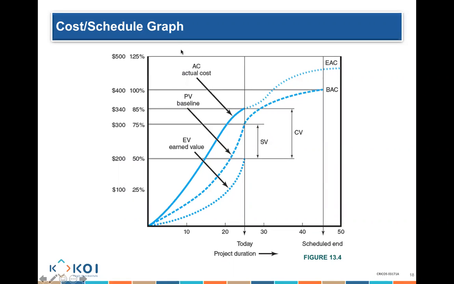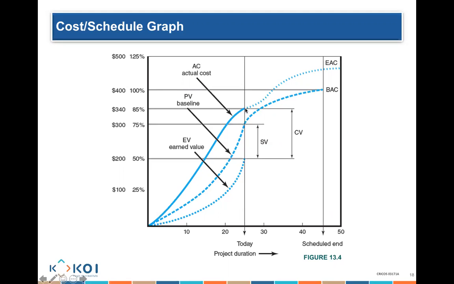Now let's look. There are three lines here: an actual cost, a planned value, and an earned value. I told you we compare everything to the earned. So in this week, I earned $200, but it cost me, this is the actual cost, $340.